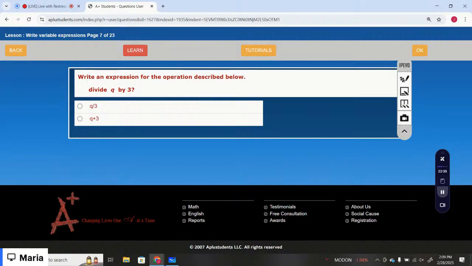Write an expression for the operation described below. Divide q by 3. That is q divided by 3. Option number 1 is the correct option.